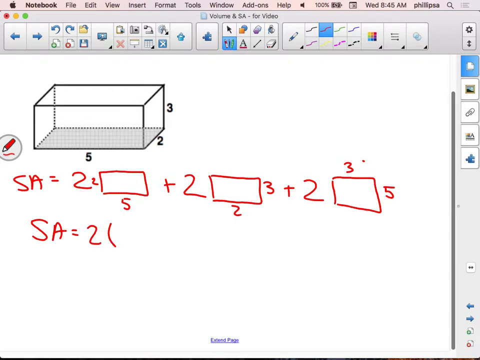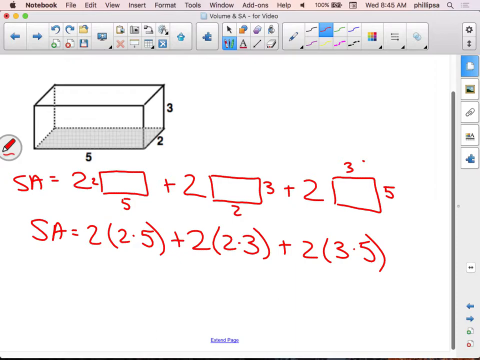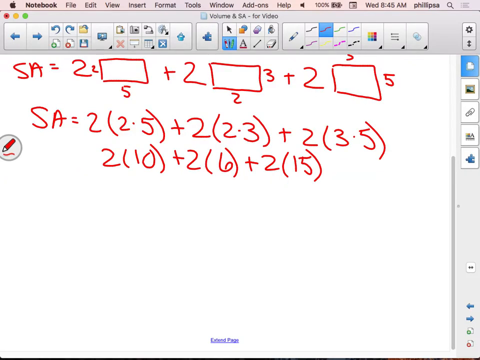The ones that are 2 by 5, these are all rectangles, so it's all base times height, or length times width, or length times height, however you want to look at it. So I have 2 times 10, 2 times 6, 2 times 15. By all means, you could do this in much fewer steps than I'm doing right now.